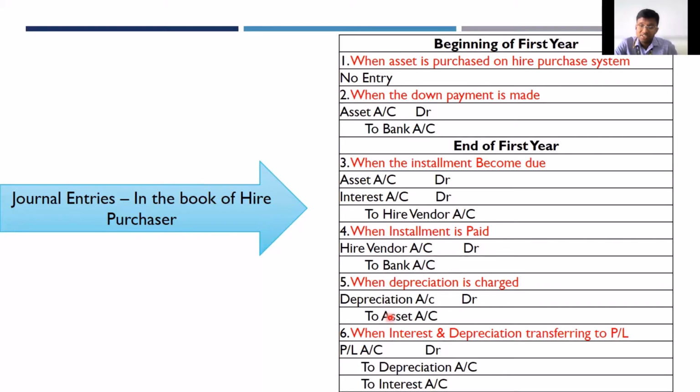When you're charging depreciation, depreciation account is debited to asset account. Depreciation account over here is nominal, debit all expenses. A certain portion of the asset is going out, so you are crediting it. Then at the end of the financial year, when you prepare your profit and loss account, you will have to transfer all your expenses to your profit and loss account. That's what we are doing over here.